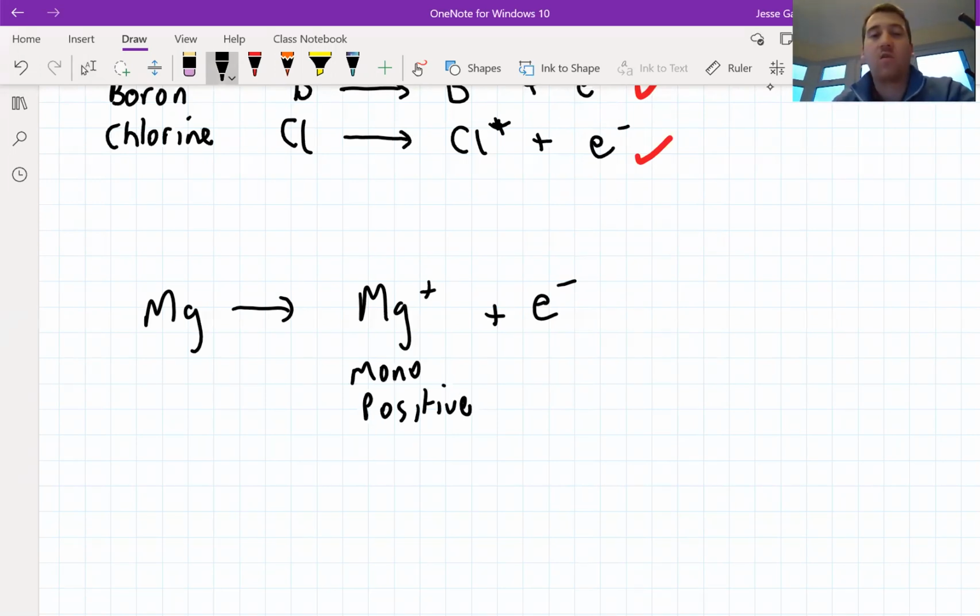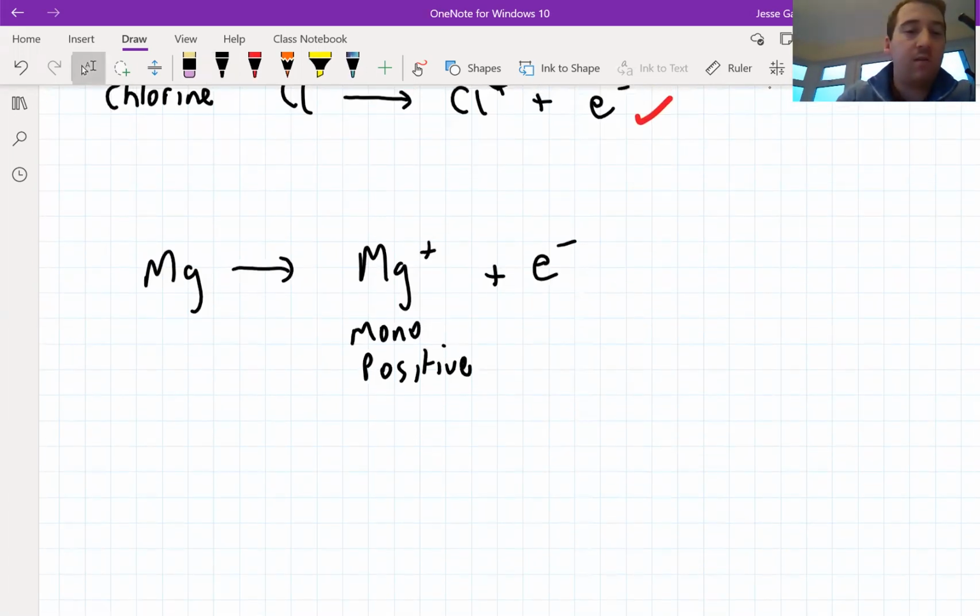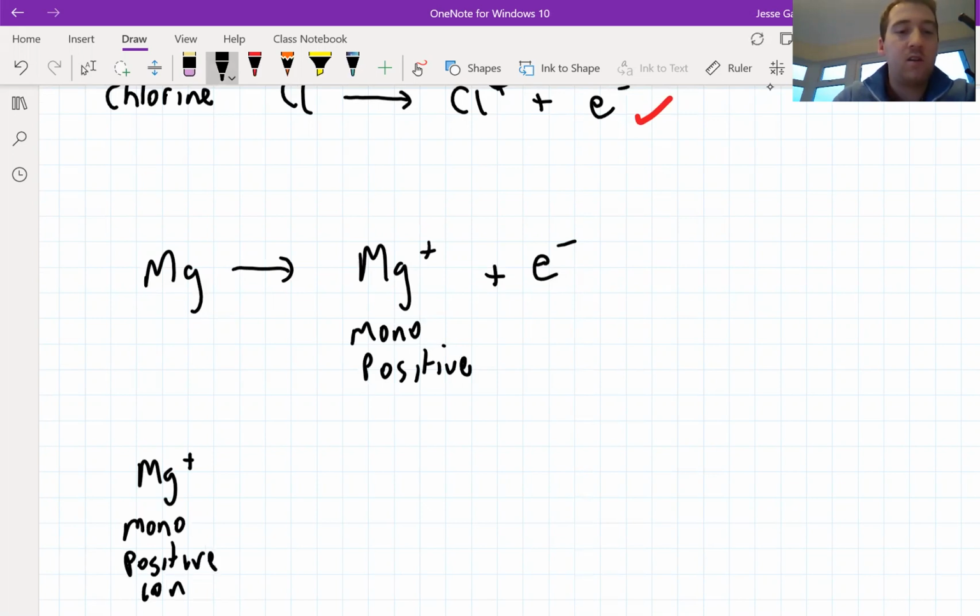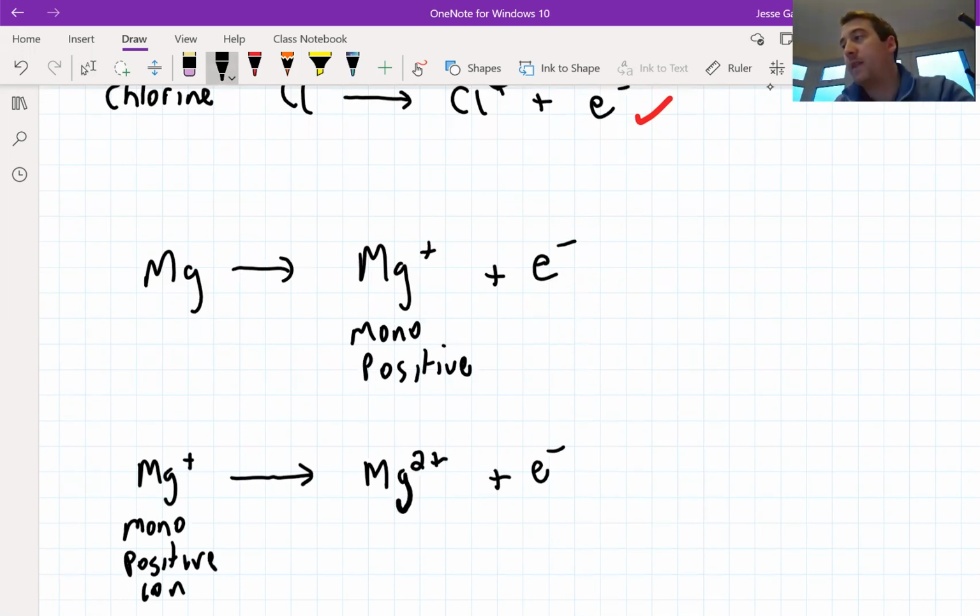If you've got the correct conditions for this, and in the next video we're going to talk about the types of conditions needed for this to happen, there's absolutely nothing stopping this Mg plus ion from losing a second electron and becoming Mg2 plus, plus another electron, like that.